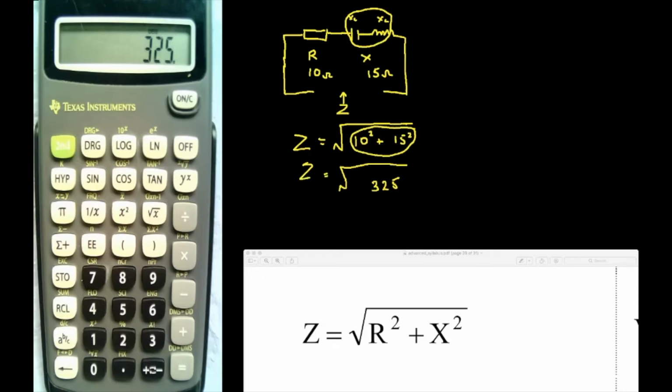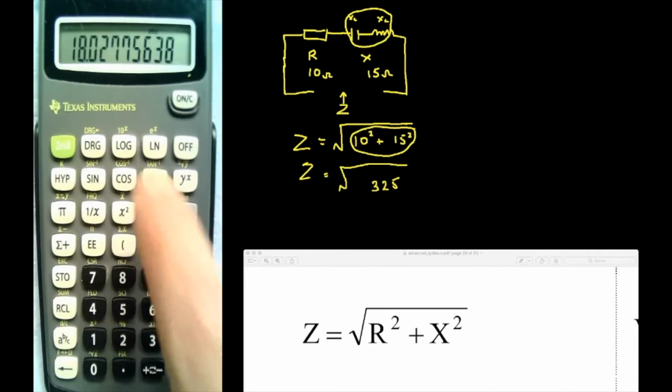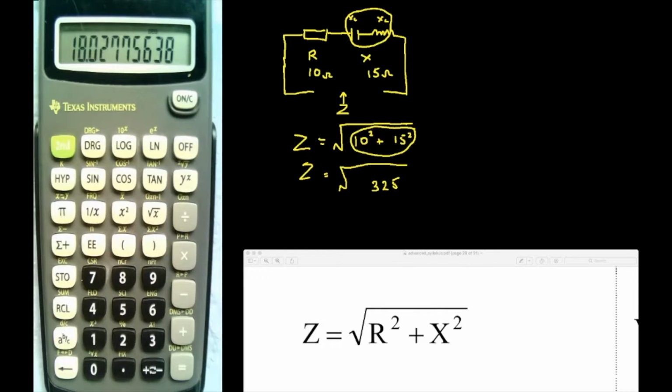Z equals the square root of 325. I simply press now the square root button here, and I've got 18. So 18 ohms is the impedance of that 10 ohm resistor and that 15 ohm reactance, which has come from XC and XL.